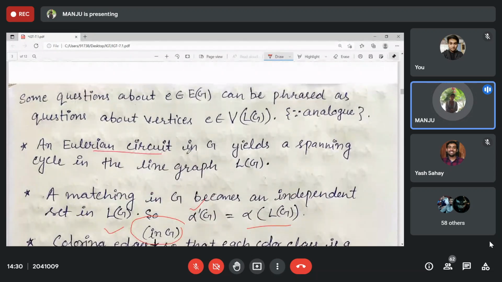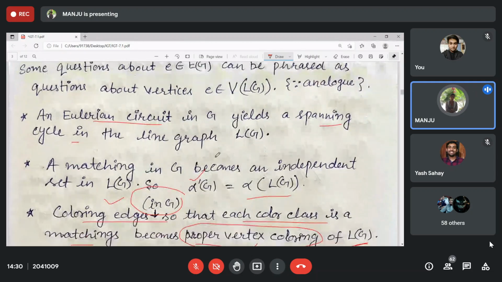And an Eulerian circuit will form a spanning cycle, because all the edges are present here, right? A circuit that contains all the edges. Okay? And here there will be a cycle that contains all the vertices in the line graph.